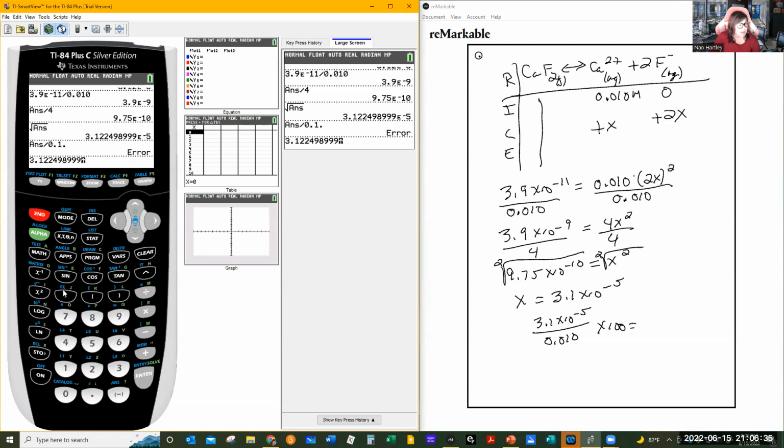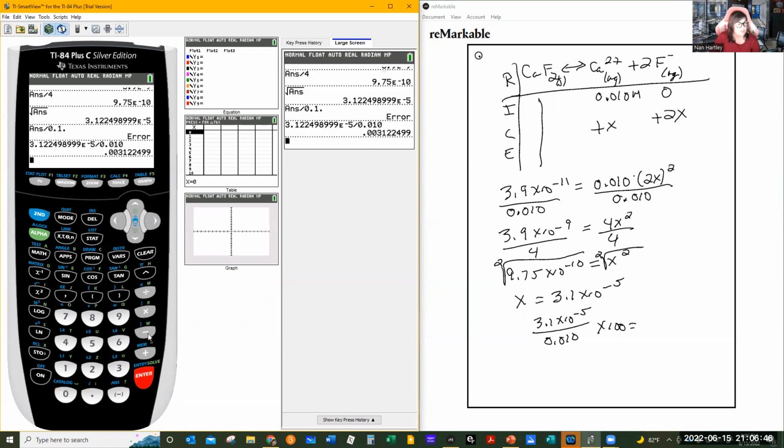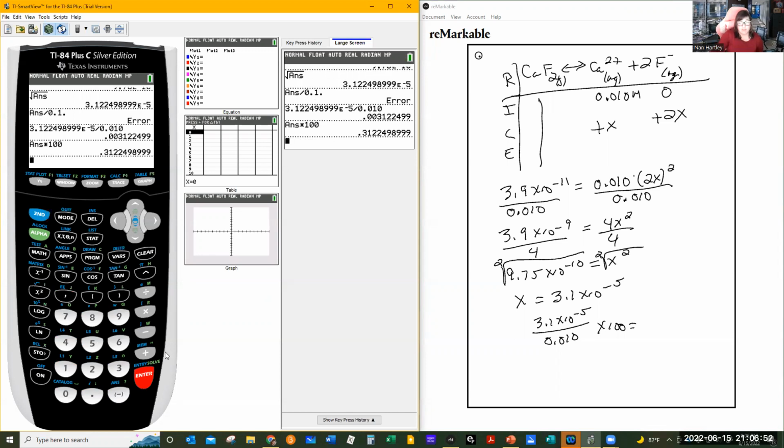And I'm just trying to get back all the digits that I can see before I screwed it up. And then divide that by the 0.010. And then multiply that by 100. Again, that's less than 5%. So it's a valid assumption for us to make. And that's the kind of thing that we need to be looking at.